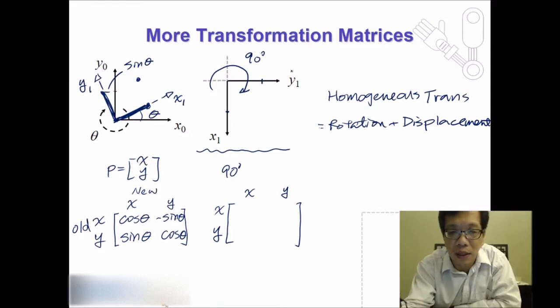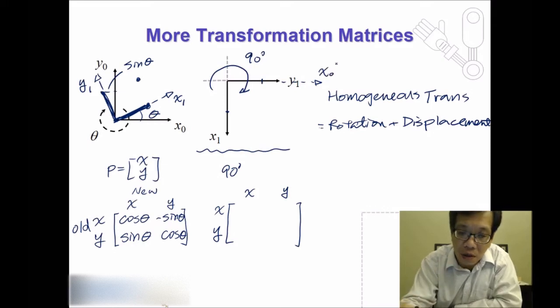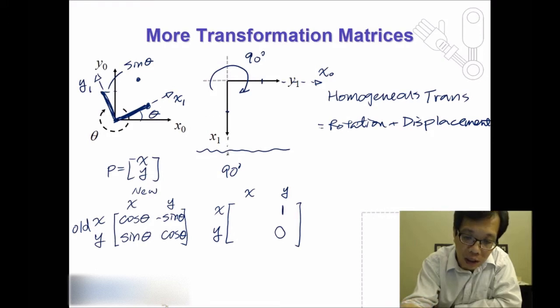In this case, y1 is along the direction of x0, so the y1 component over here is 1, and this part is of course 0. And x1 lies along the direction of negative y0.